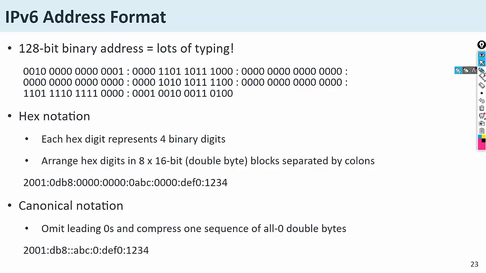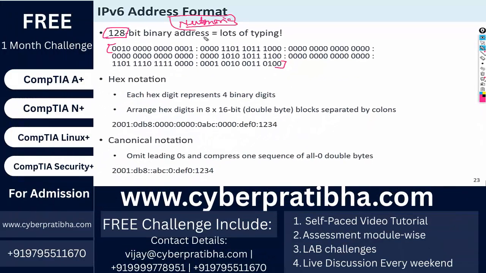The address format runs from the start to the end, and the total size is 128 bits. But it is not written in numeric values. Numeric values are not used in IPv6. So which notation is used?